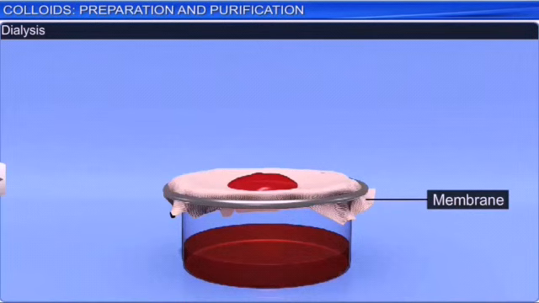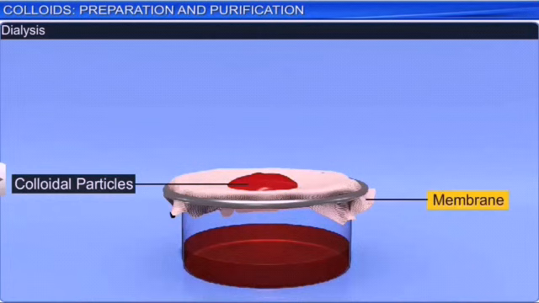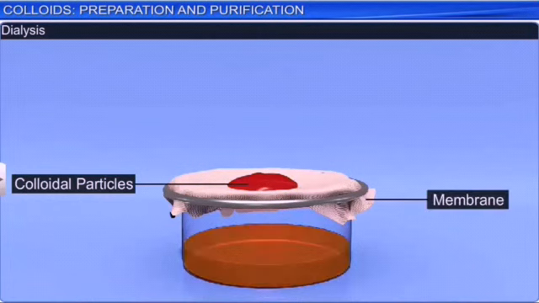This method is based on the fact that the colloidal particles cannot pass through a parchment or semi-permeable membrane, but the ions of the electrolyte, that is the impurity, can.